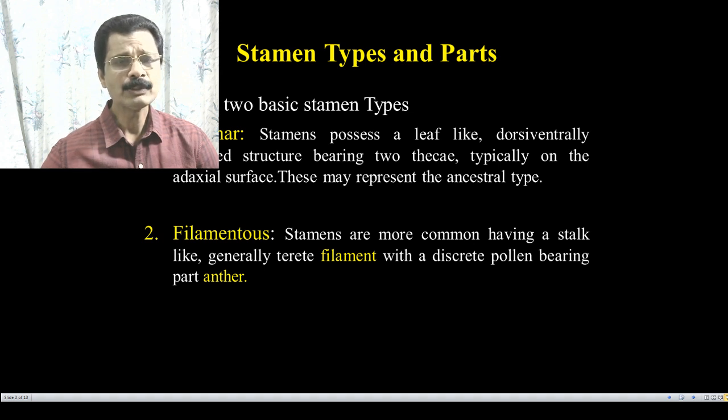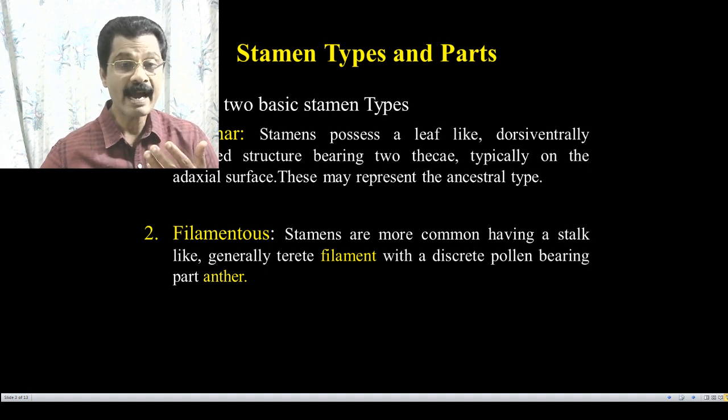There are two basic types of stamens. One is called laminar stamens and another one is called filamentous stamens. In the case of laminar stamens, the laminar stamens possess a leaf-like, dorsiventrally flattened structure bearing two thecae, typically on the adaxial surface.